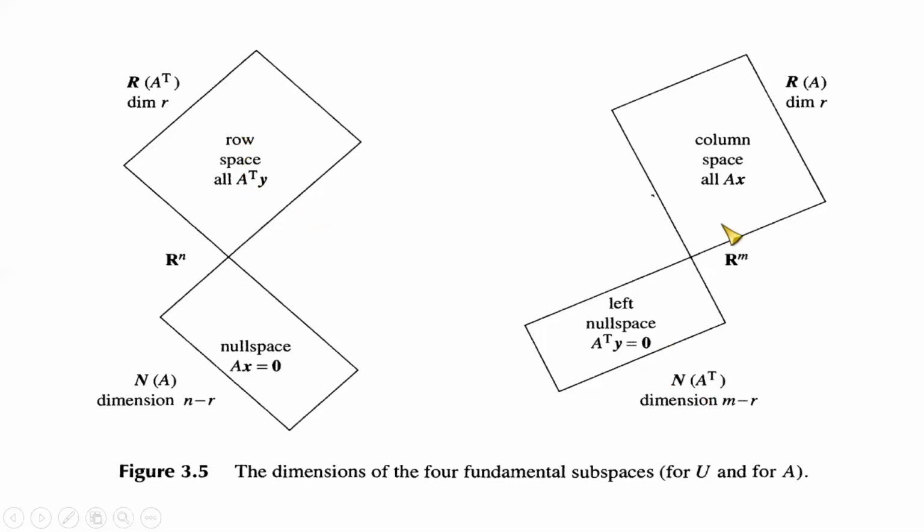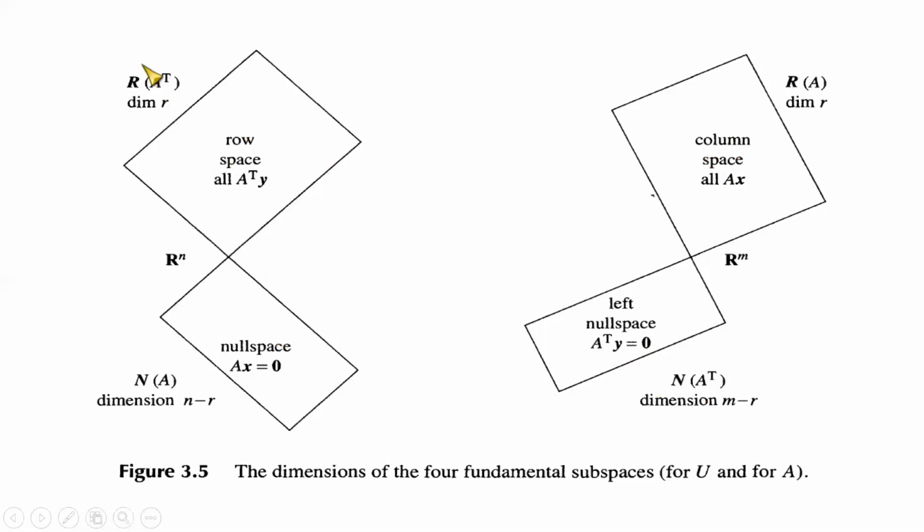The way in which we can specify that is, the column space is what we get from Ax, and the row space from A^T y. The null space is the solution for Ax equal to 0, and the left null space is got by finding the solution for A^T y equal to 0.